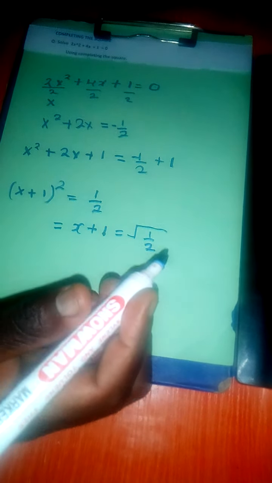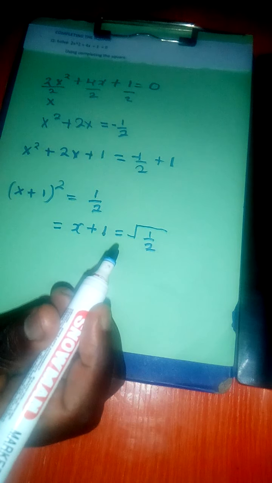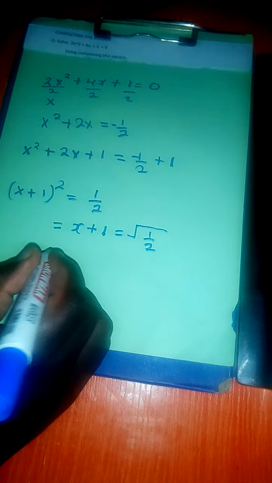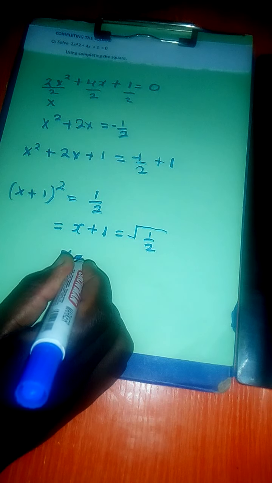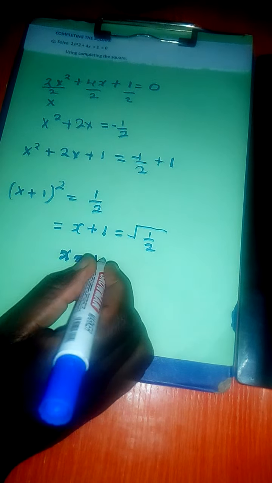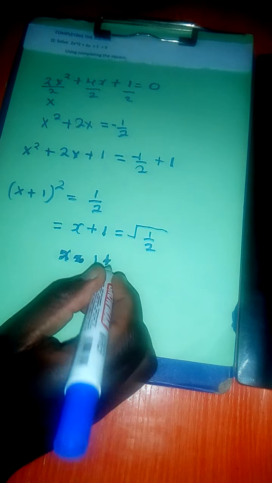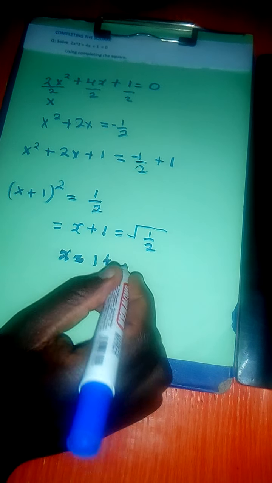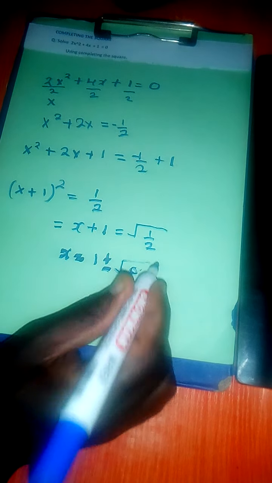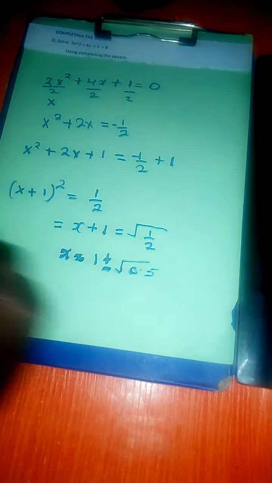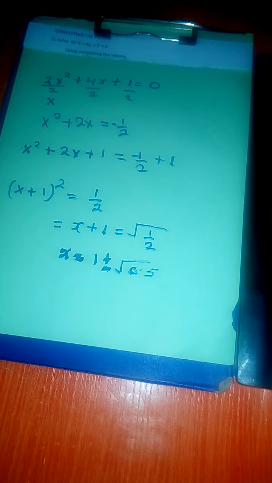Now the square root of a half is the same as the square root of 0.5. So we will say x is going to be equal to negative 1, and we are either going to add or subtract the square root of 0.5.